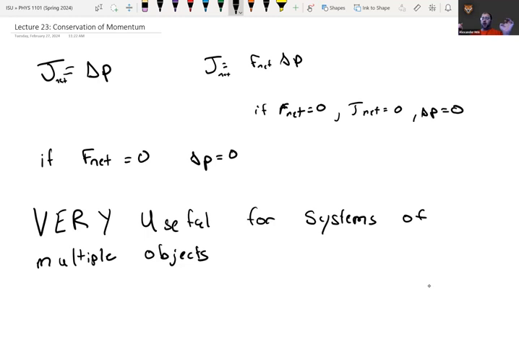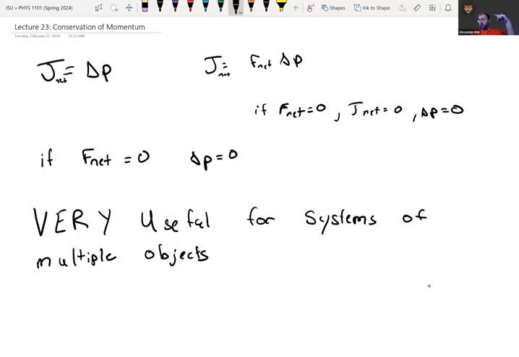But if we consider those balls as a single system, then there was no net force. Their third law pair forces canceled each other out, which means that the total change in momentum of that system should be 0.